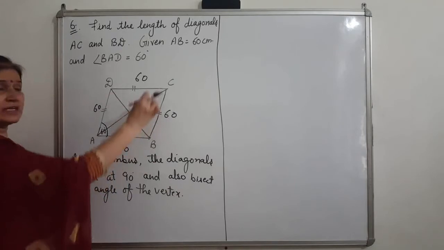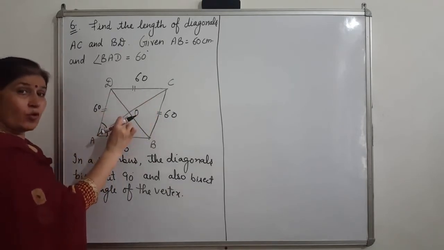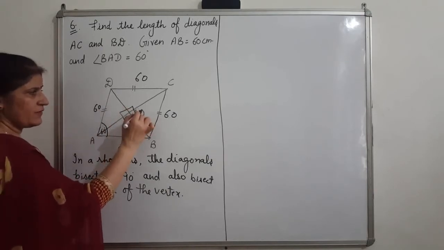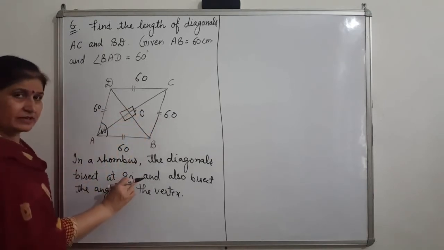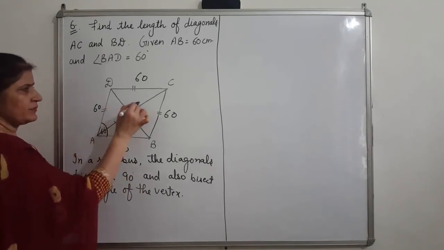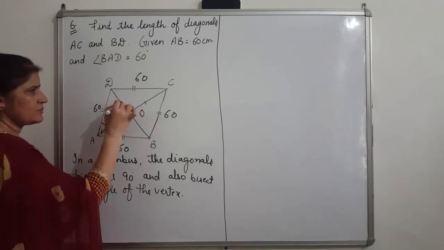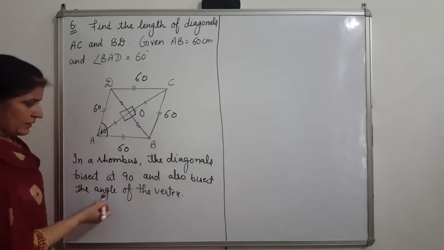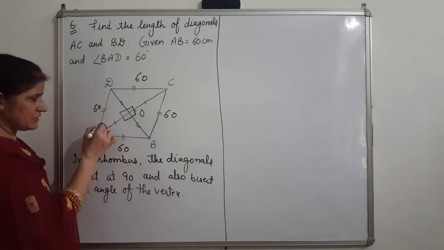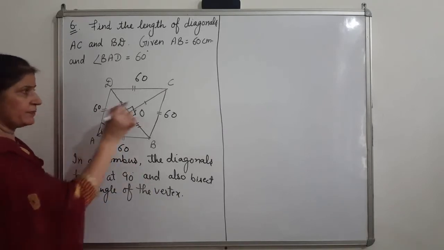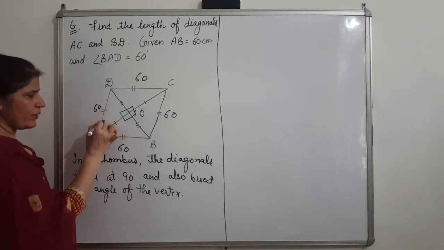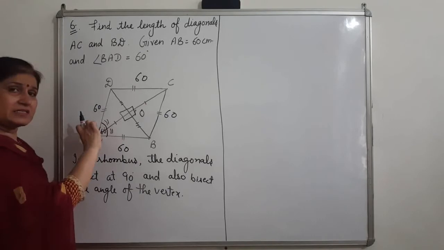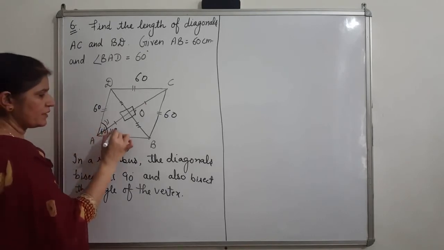That means both the diagonals, this angle O, it is 90 because they are bisecting each other at 90. Bisecting means this part is equal to this one and this part equals this one. The second point is they bisect the angle of the vertex, means this vertex angle is also bisected by the diagonal. That means these two angles are equal to each other. Total angle is 60, then each part is 30.